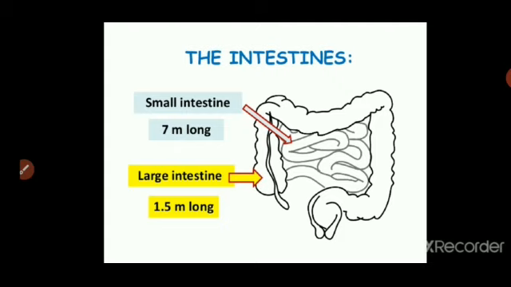It measures about 7 meters. It is a very narrow and highly coiled tube, differentiated into 3 more parts. The large intestine is about 1.5 meters long. And the total alimentary canal is 9 meters long.